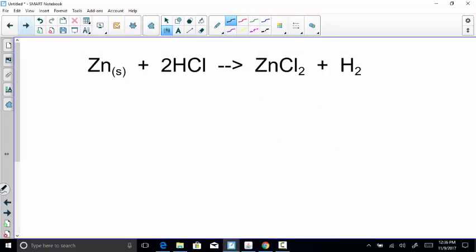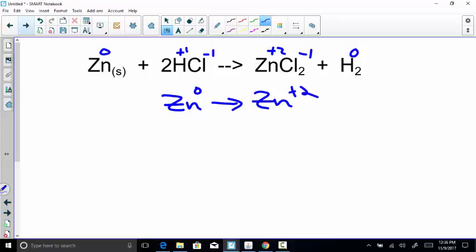On the next one, let's get our charges first. So what is the charge of zinc? Okay. What is the charge of hydrogen? +1. What's the charge of chlorine? Okay, charge of zinc now. Charge of chlorine. Charge of hydrogen. 0. Okay, so the two that have changed, zinc has gone from 0 to a +2.